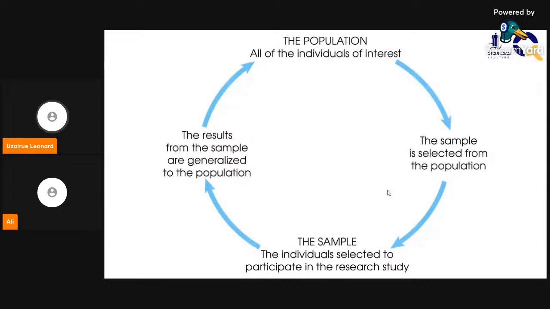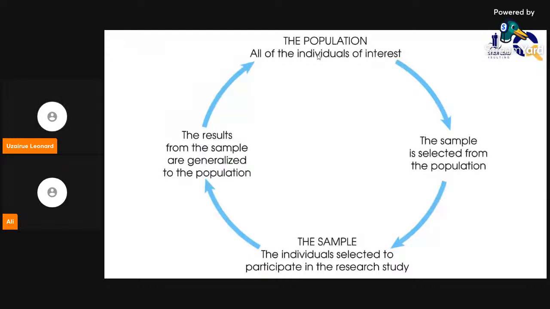So what we are saying in essence is, if you have a population, you collect a sample from the population and do a study on that sample, then from the result you can make inference to the population. For example, let's say smokers.